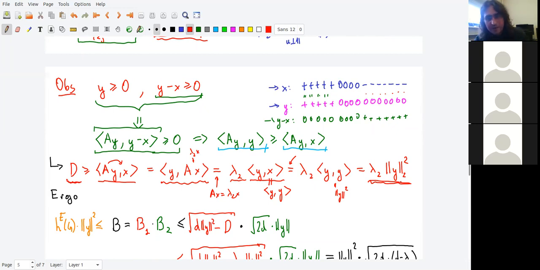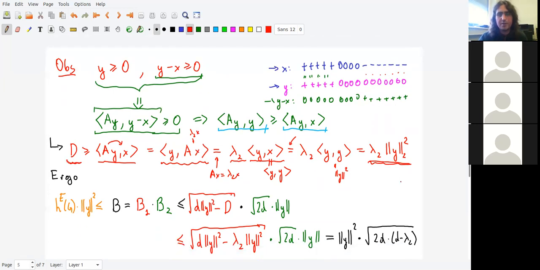So now we can piece all these calculations together. So we were looking at the value b. On one hand, we had a combinatorial analysis that was looking at this expansion of the prefixes of y, that showed that the value of b is lower bounded by the edge expansion times the norm of y squared. On the other hand, b could be rewritten, sorry, here there should be an inequality.